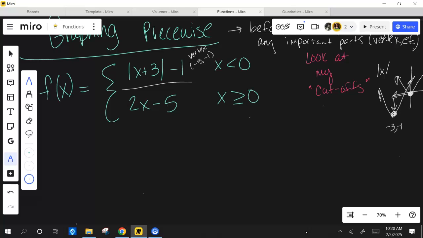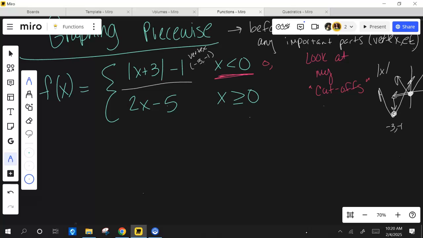What do I mean at the cutoffs? I mean at the place where they're disconnected. So at 0, if x is 0 in this one, and I know it can't actually be 0 because there's not a line under it, but if I were to plug in 0, what would I get?